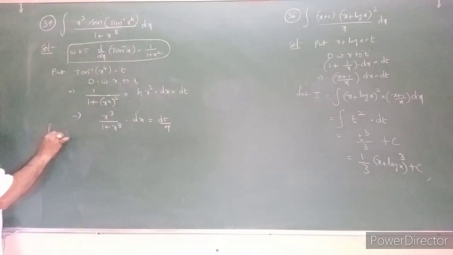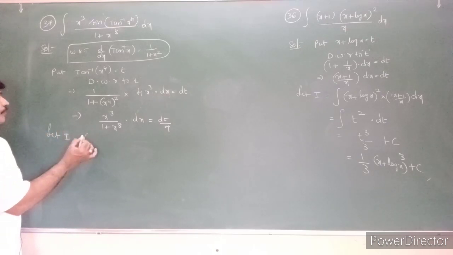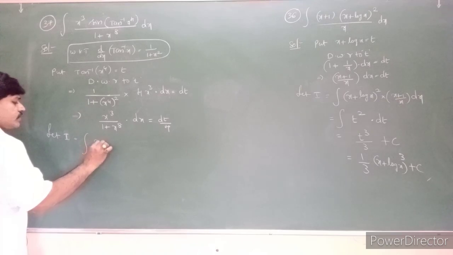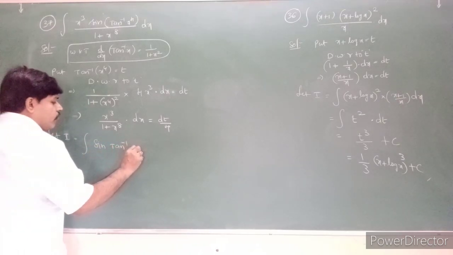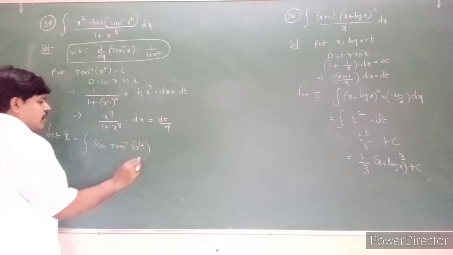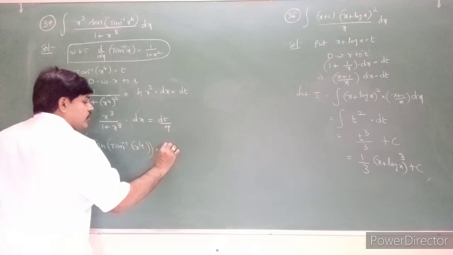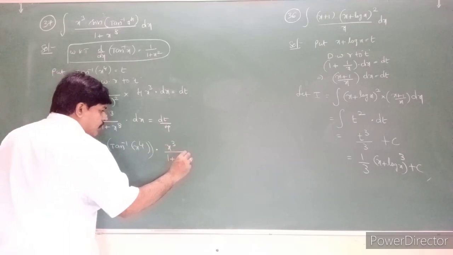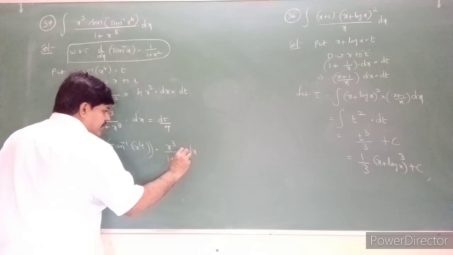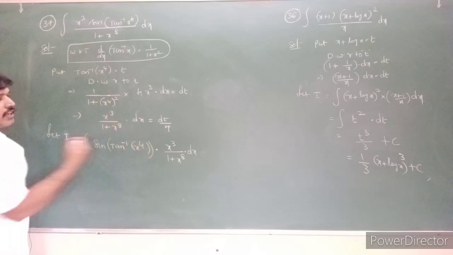Let I be equal to the integral of sine of tan inverse of x power 4 into x cube by 1 plus x power 8 into dx. I have written the function in this form.